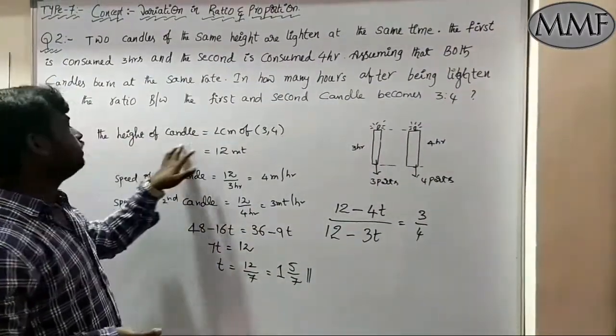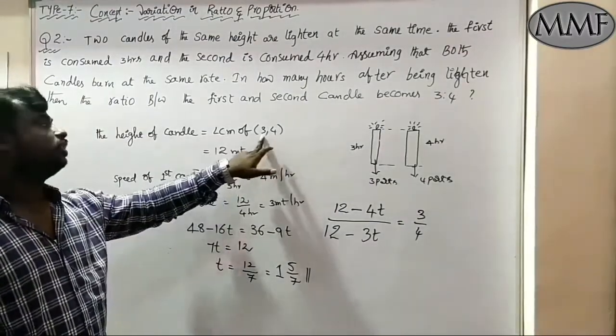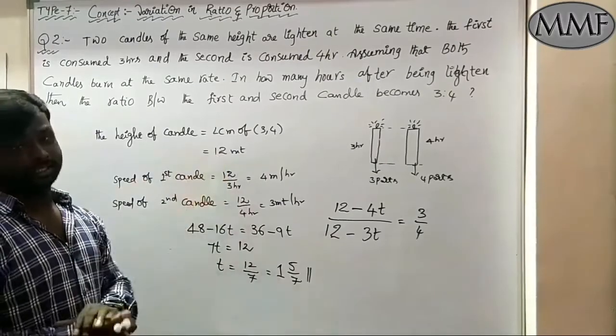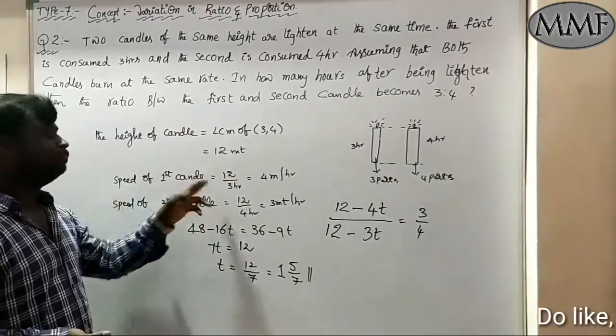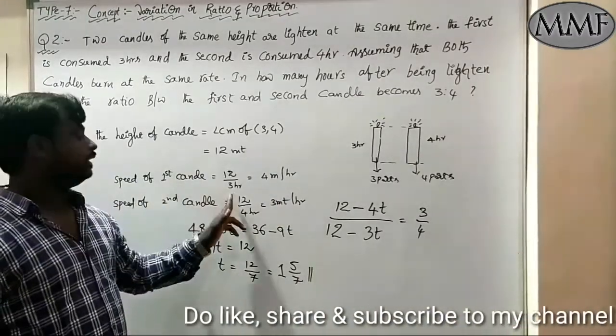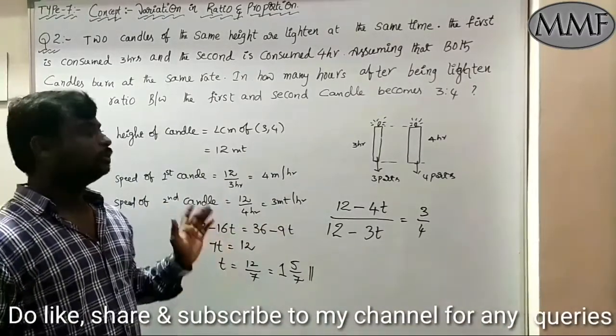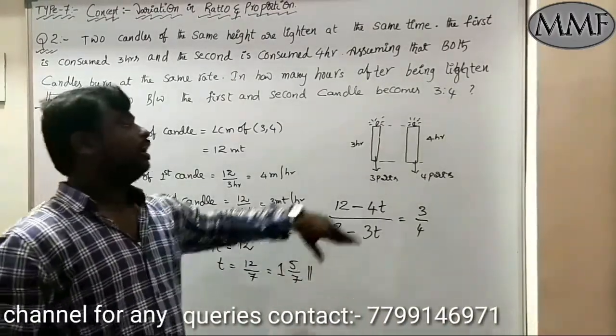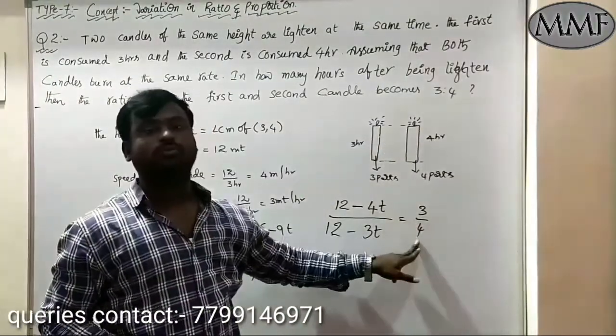The height is nothing but the LCM of times 3 and 4. What is the total height? 12 meters. Then speed of first candle, distance by time, 4 meters per hour. Speed of second candle, 3 meters per hour. Then what is the question? When will the ratio become 3:4?